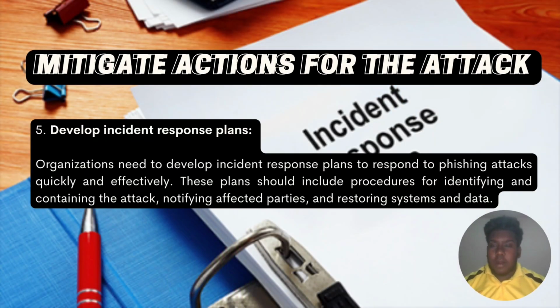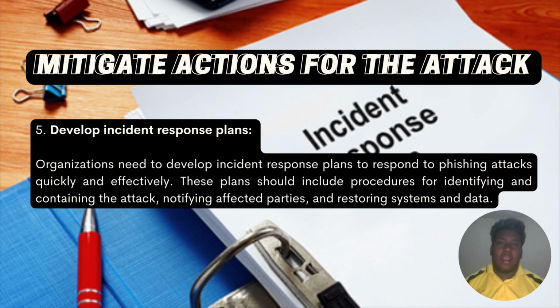And now for the fifth part, develop incident response plans. The organizations need to develop incident response plans to respond to phishing attacks quickly and effectively. These plans should include procedures for identifying and containing the attack, notifying affected parties, and restoring systems and data.